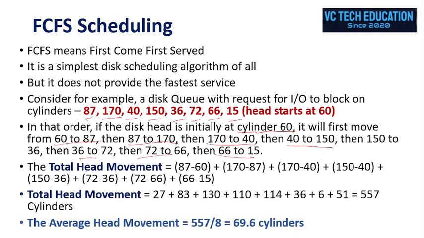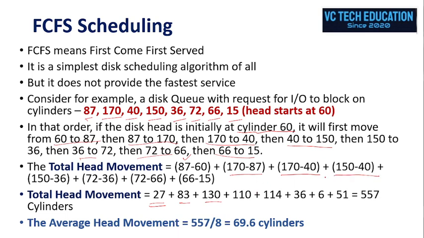Now we are going to calculate the total head movement. From 60 it moved to 87, so I am taking 87 minus 60, the value is 27. Then 170 minus 87, the value is 83. Then 170 minus 40, the value is 130.